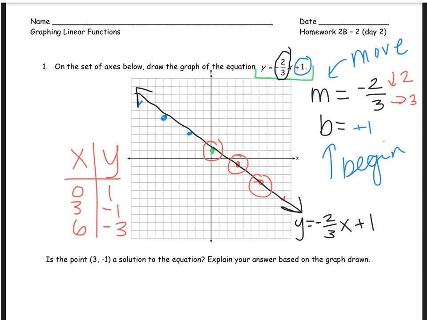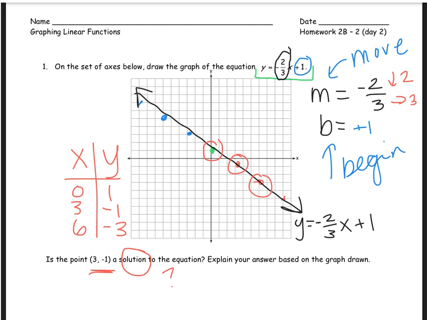That's number 1. But is that it? Did we miss a key part of this problem? We did. We really did. Look down here, people. It says, is the point (3, -1) a solution to the equation? Well, it's a solution if it falls on the line. And it's also a solution if it's listed in our table of values. So let's take a look at our table.